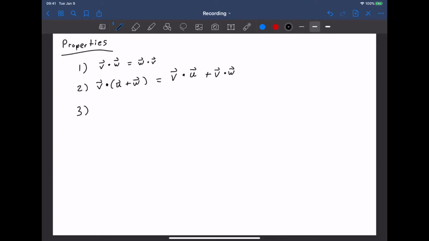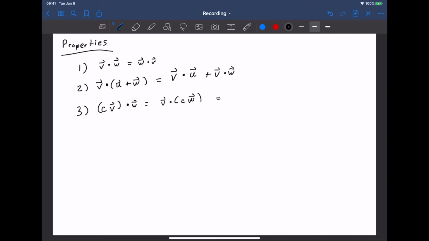This next one's a little strange, but pretty common. It's that scalars can move around here. Scalars are commutative. So if I'm trying to scale v and then do the dot product, that's going to be the same as doing the dot product between v and scaling up w.